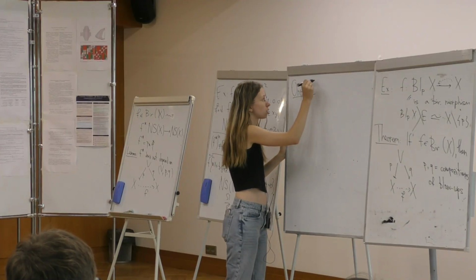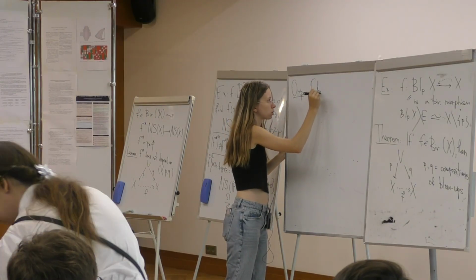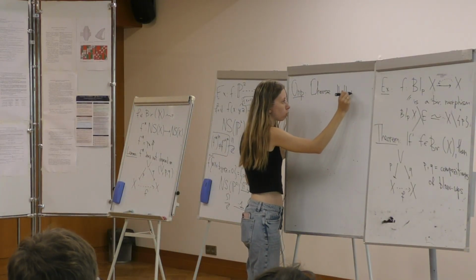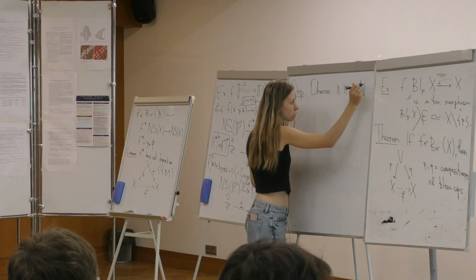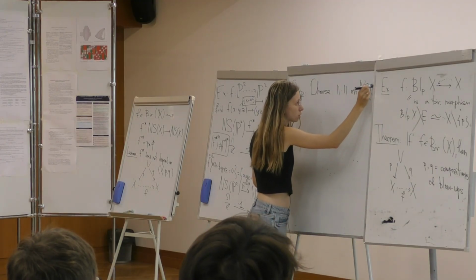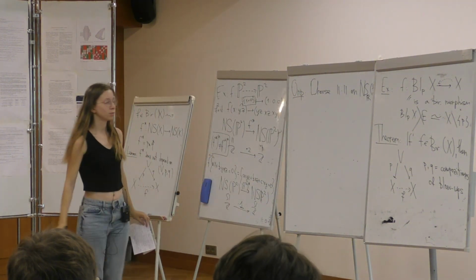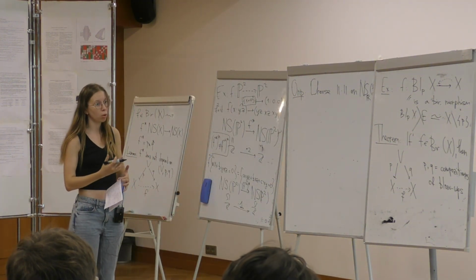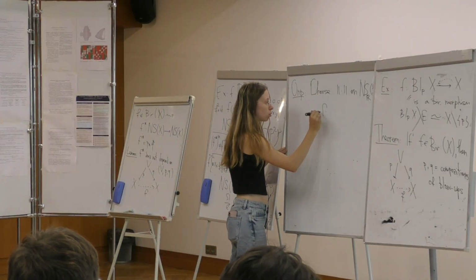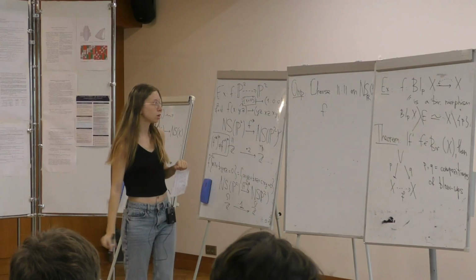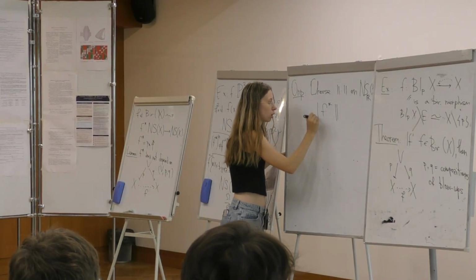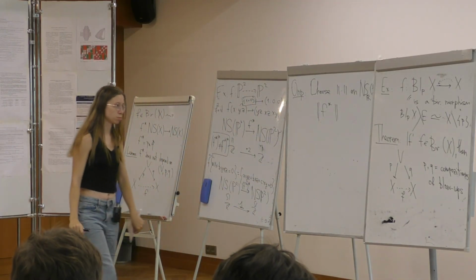Let's choose a norm on the Néron-Severi group tensor R of X. We have many norms, but all of them are equivalent. Then, given our automorphism, we can consider its pullback and compute the norm of it.